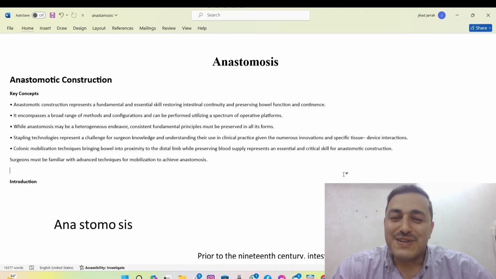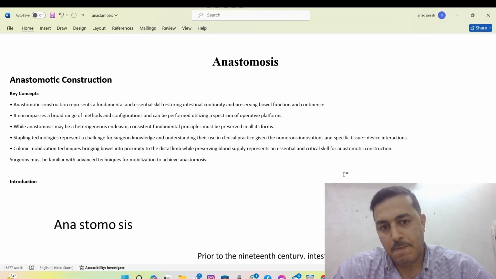So we will understand that. In the second part of this lecture, we are going to talk about the complications of anastomosis.